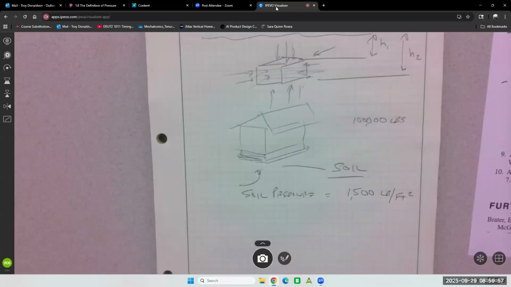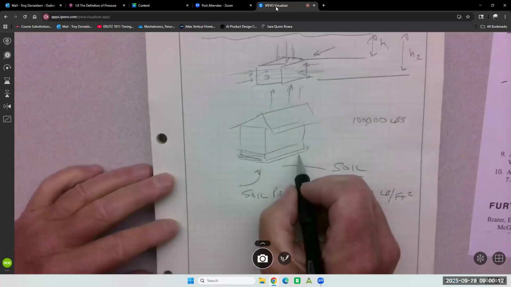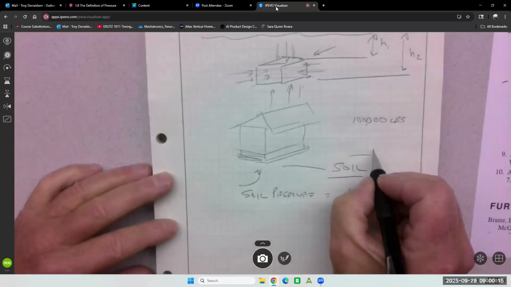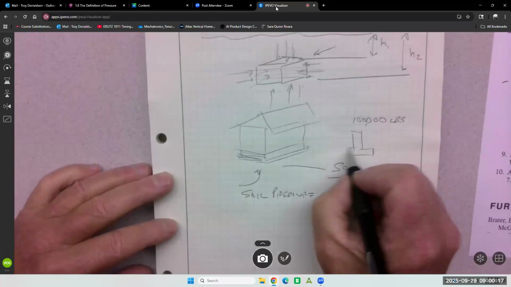So before you build your home, before the engineer designs that home, she has to know soil pressures. She has to be able to calculate how much load and how much foundation is required. We put our foundations, typically they look something like this, where they have what's called a footer.